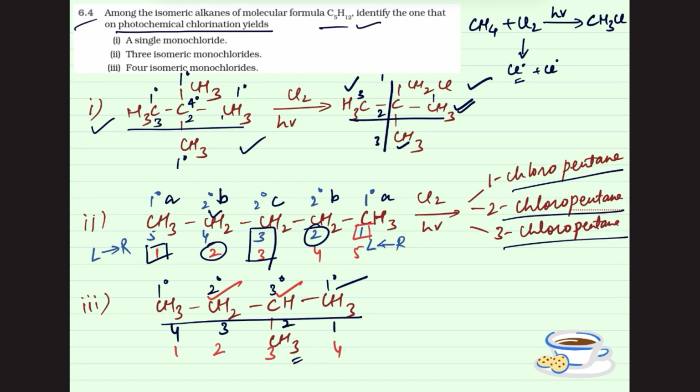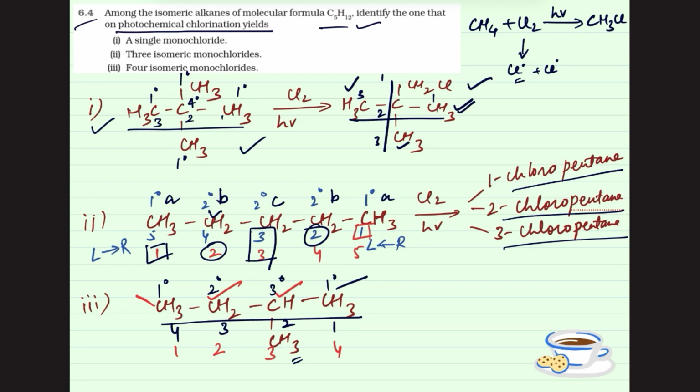Now the name of the compound is 2-chloro-3-methylbutane, and when chlorine is bonded to this carbon, the name of the compound is 1-chloro-3-methylbutane. So 4 different isomeric monochlorides are formed.